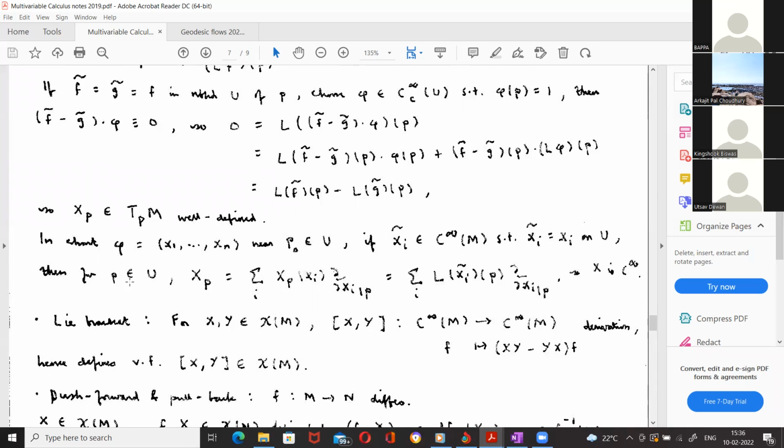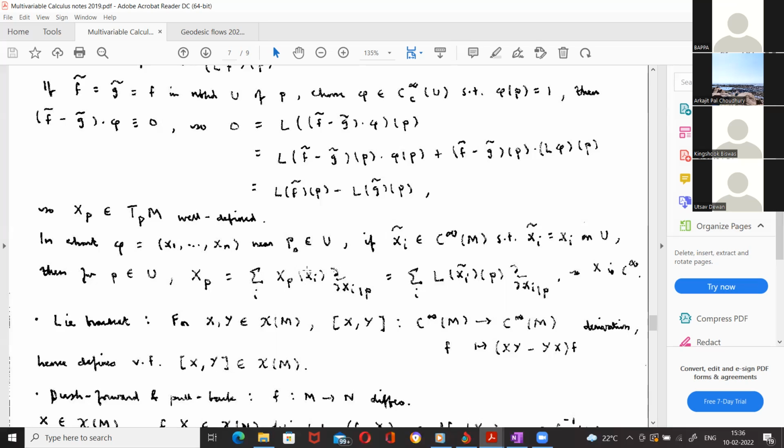Why is that? Because if I take a chart phi, say x1 to xn, near a point P naught, these are locally defined functions near P naught. I extend them to global smooth functions on M, xi tilde, again by multiplying by a bump function which is 1 in a neighborhood of P naught. Then in my chart, what is X_P? X_P is a linear combination of the del del xi's.